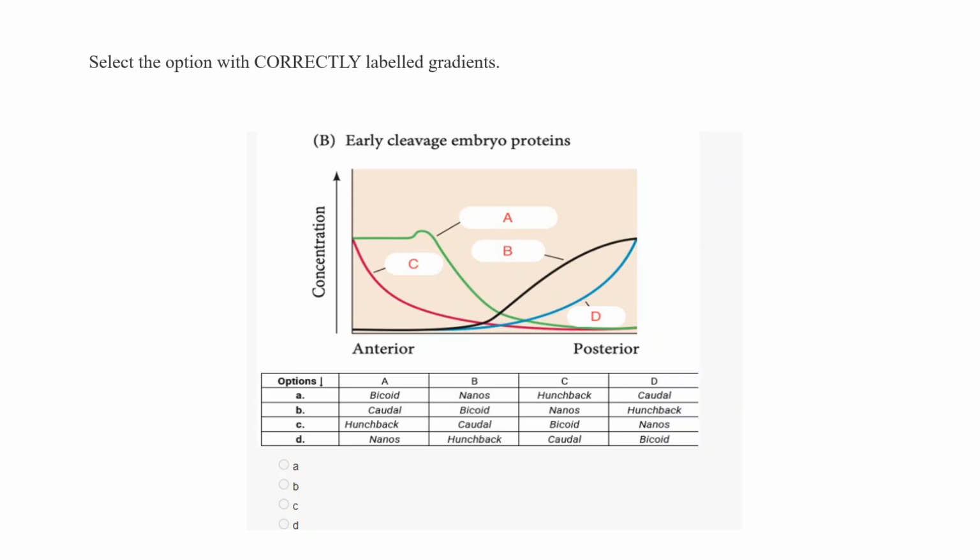Bicoid is basically more at the anterior, so C should be it. Now you just try to answer this. I'm not going to tell you right now. First try to understand and then do it, although it's actually easy. I'll give you 3 minutes for this question.